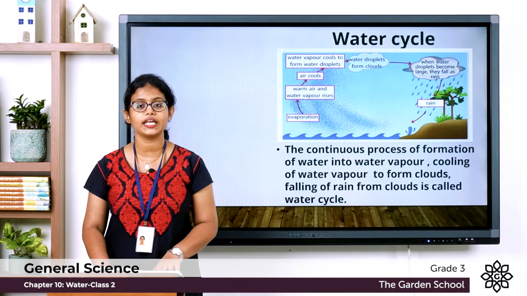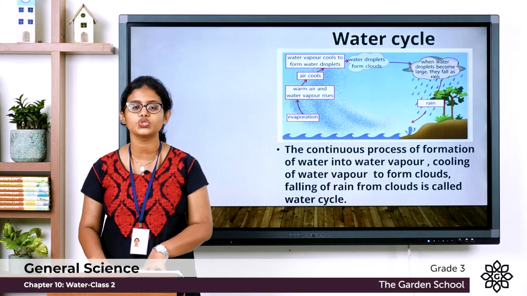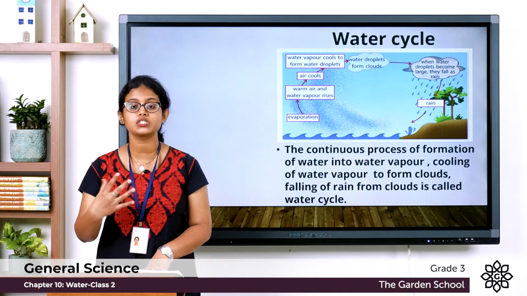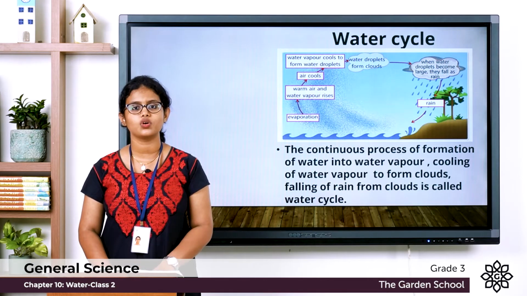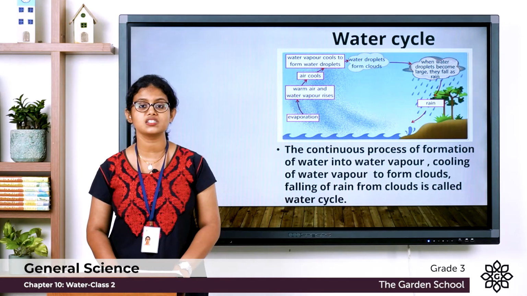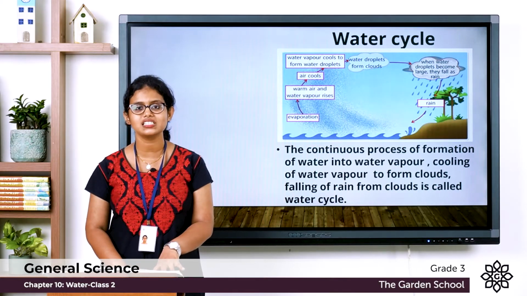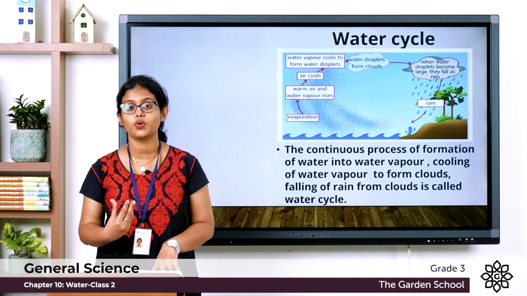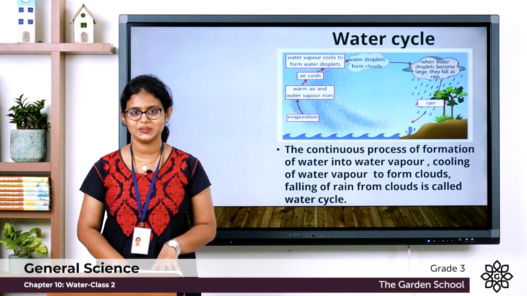And this rain again flows into ponds, wells, rivers, oceans, etc. This process continues in nature, and that is called the water cycle. So that is all about the chapter Water. In this chapter, we learnt about the different sources from which we get water. Then we learnt about the water cycle.